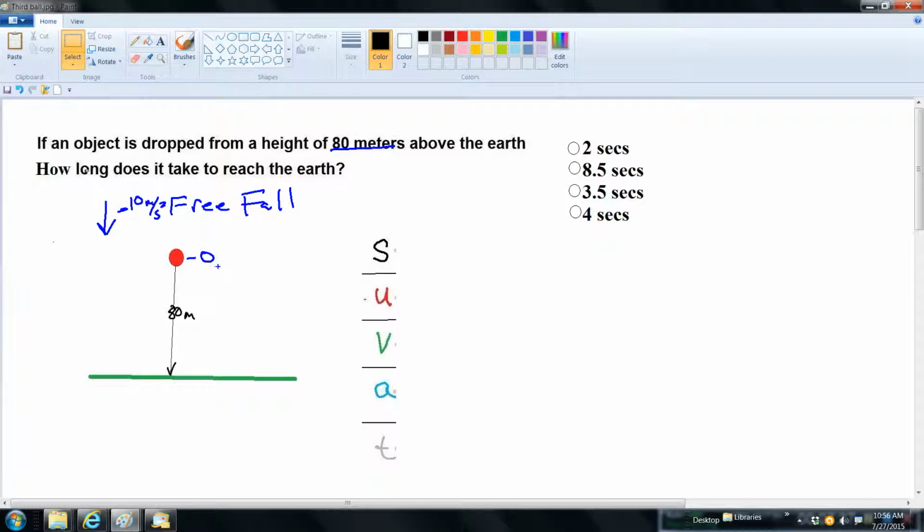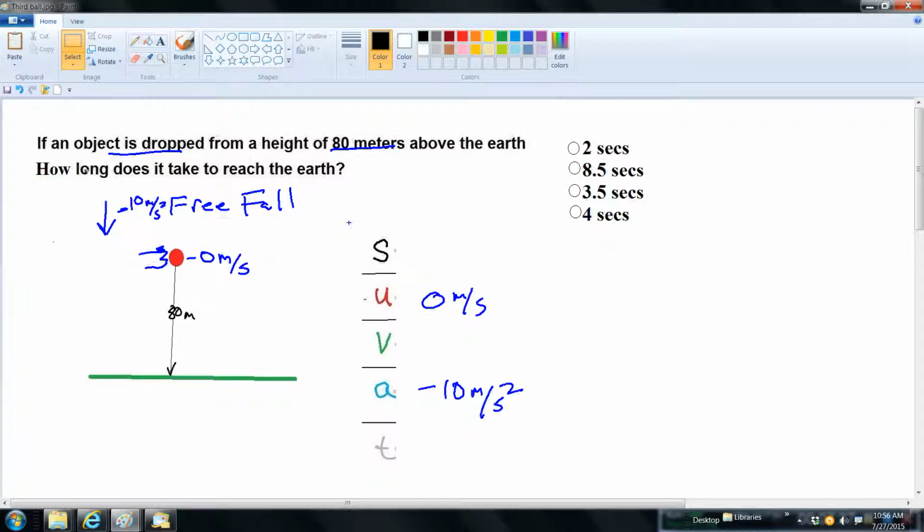It's implied that this ball was dropped, so it's implied that the initial velocity is 0 meters per second. We don't have a hand here, but we'll just assume that somebody's holding it, or whatever, for whatever reason it's dropped at 0 meters per second. And so we'll put that in there. And then we have acceleration is minus 10 meters per second squared.